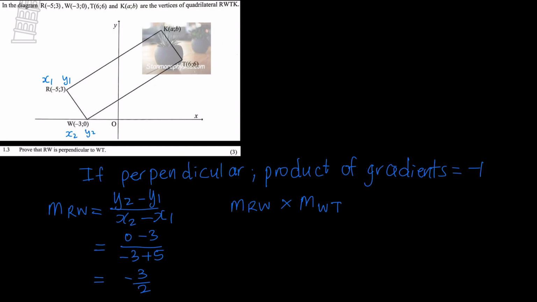The gradient of RW multiplied by the gradient of WT. The gradient for RW we worked out as minus 3 over 2 multiplied by the gradient of WT, which we worked out in the previous question, which was 2 over 3. And when you take the product, you get minus 1. Since the product is minus 1, it means that they are perpendicular.